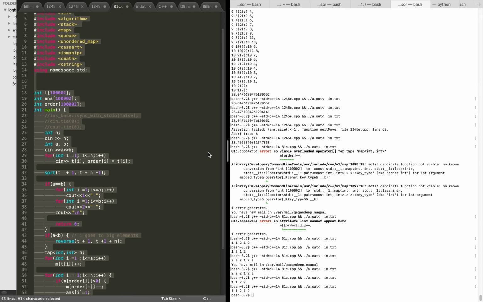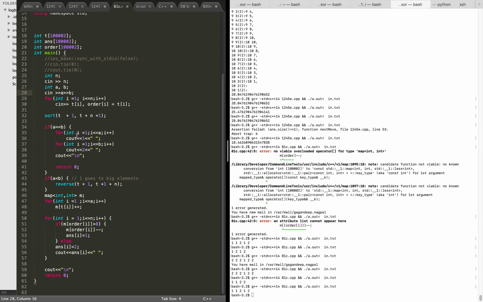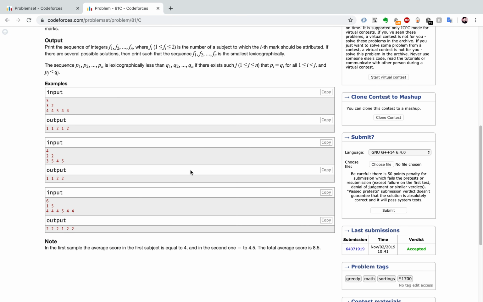So let's look at what we did here. Initially, I started off with some observations. The very first observation that was correct was that we have to divide it into two sets. If one is smaller and one is larger, then the smaller set should contain the higher elements, and the larger set should contain the smaller elements.